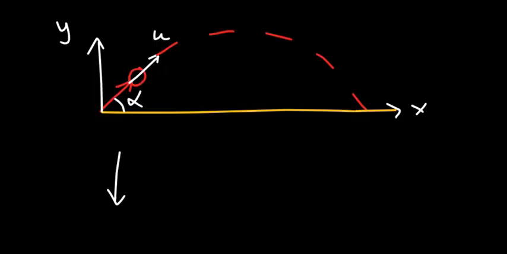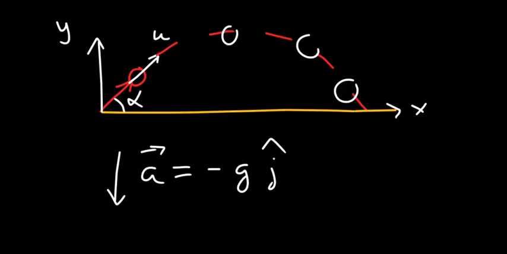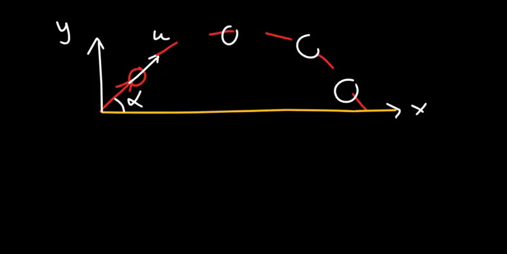So at any point along that trajectory, this object would be accelerating vertically downward. The acceleration is given by minus g j hat. There is no acceleration along the x direction. So we say the y component of the acceleration is minus g, the x component of the acceleration is 0.